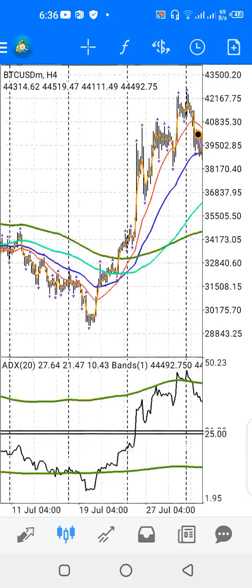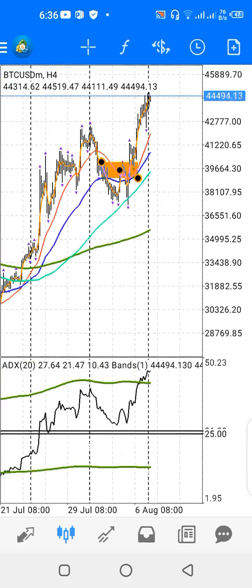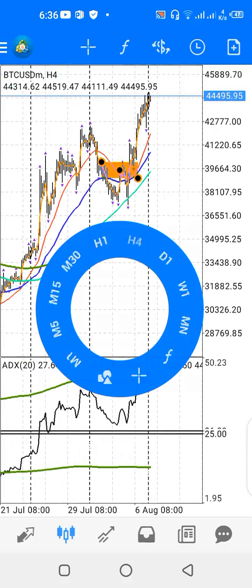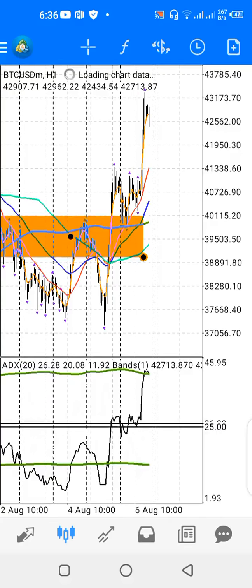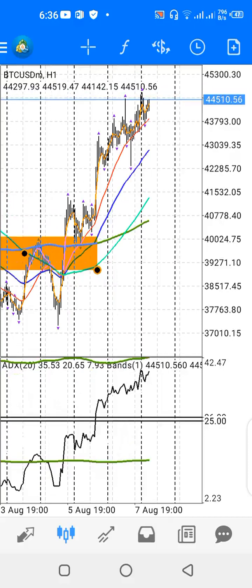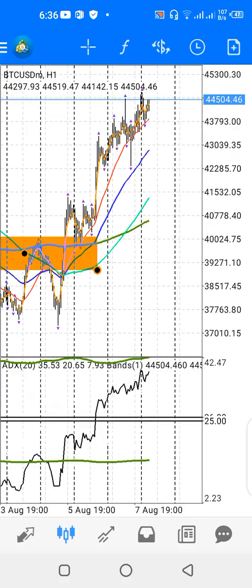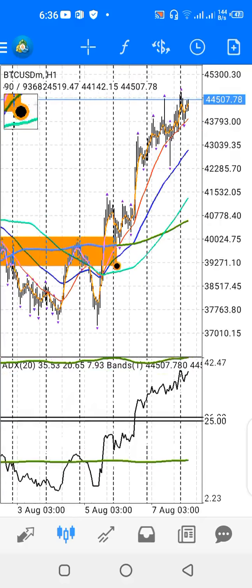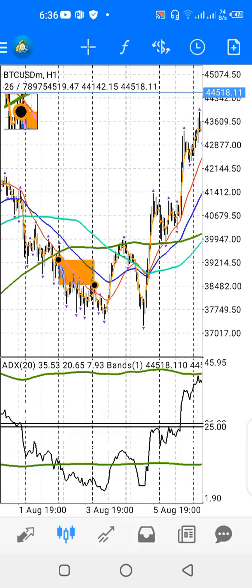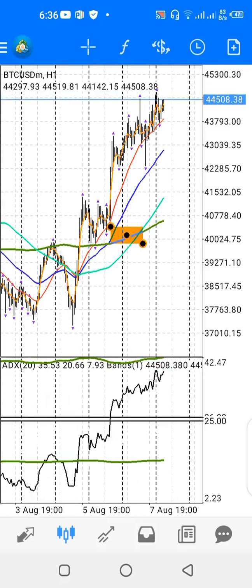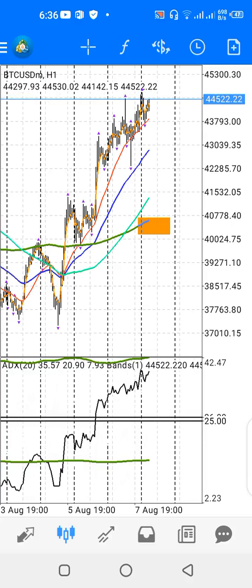You do not need to check only the daily and the 4 hour time frame, you can still go to the 1 hour time frame to also assess what's happening. On the 1 hour time frame, this green line is the trend indicator, and it is below every other moving average.